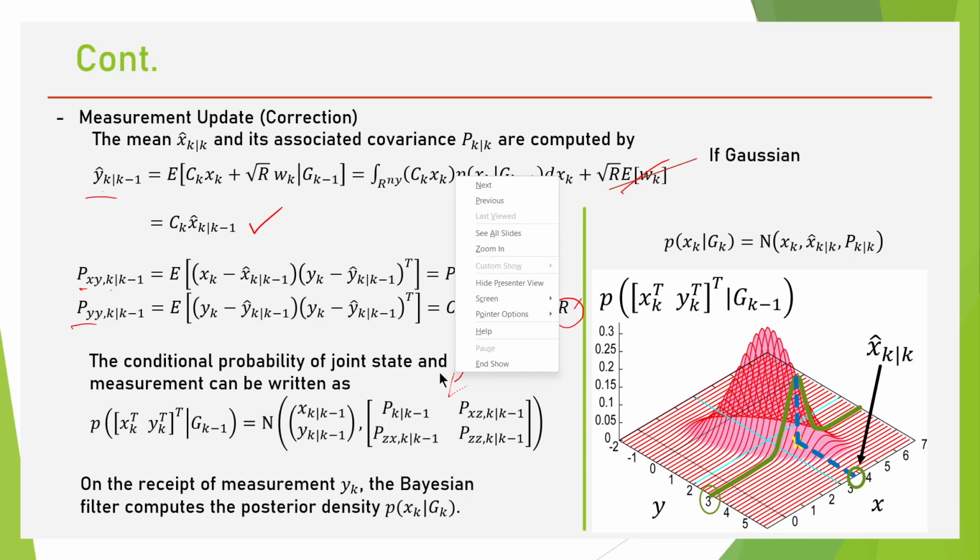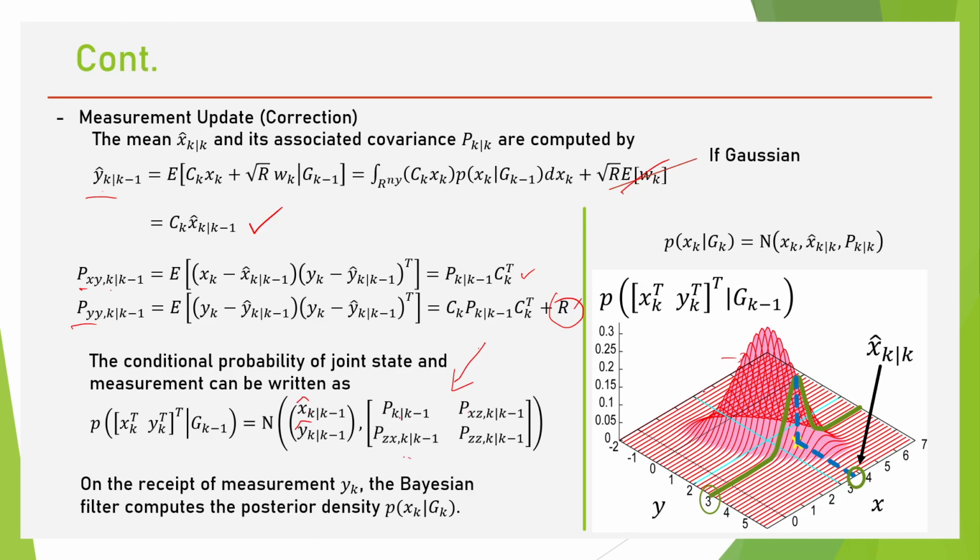Once we have h hat, y hat, and the covariance and cross covariance, we can construct the joint probability of h and y, illustrated by this curve.